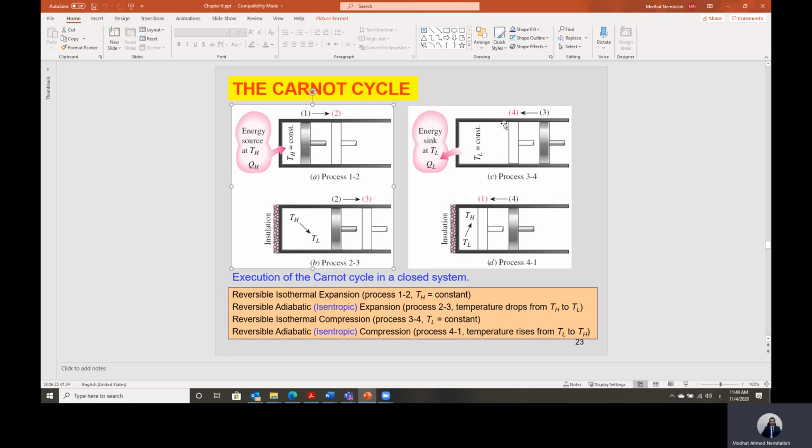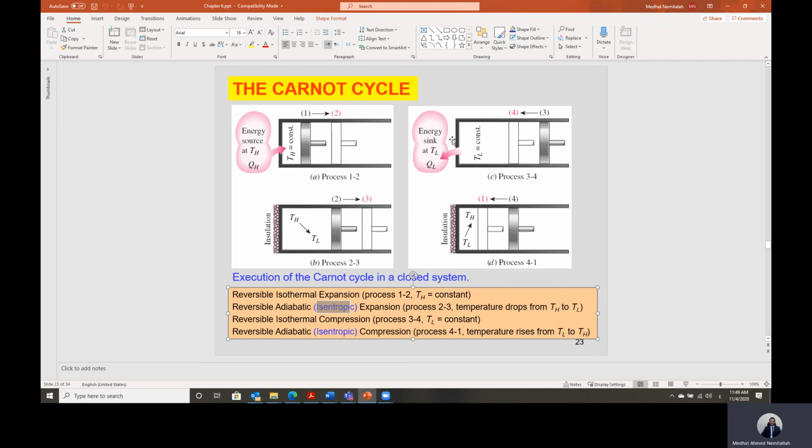Then the compression process, similar to the expansion process, should be adiabatic, without any kind of heat losses, either for the expansion process from 2 to 3 or for the compression process. It should be adiabatic, and the movement of the piston should be frictionless. Adiabatic and frictionless means the process is isentropic.